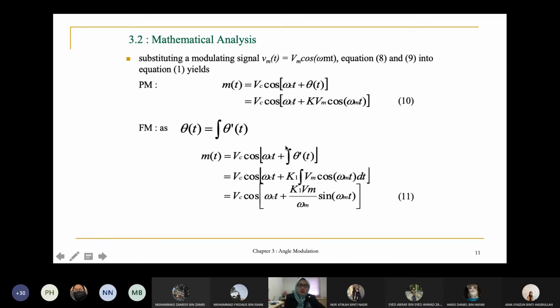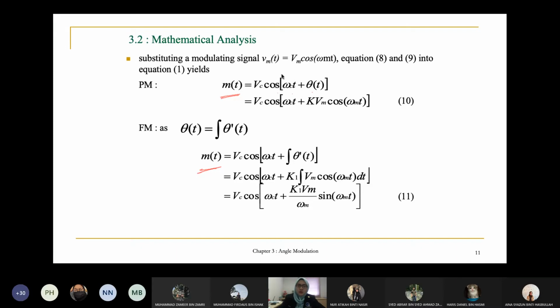Over here is the equation for the modulated signal m(t). This one is for phase modulation, and this is for frequency modulation. Previously you already know that the general equation for angle modulation is Vc cos(ωct + θ(t)).